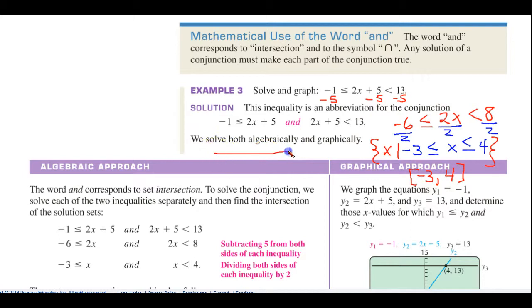And then to graph it, I'll just make a little graph here. -3, 4, and again we're using brackets and filling it in. So there's example 3 for you. It was a compound inequality, and it was an "and", and we solved it, and we put it in set builder notation, interval notation, and we did the graph.